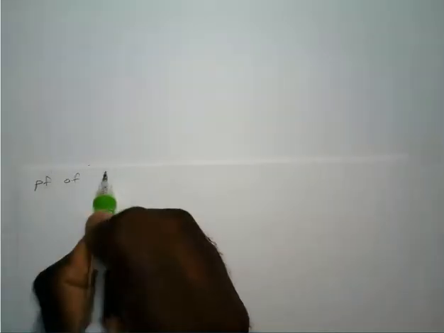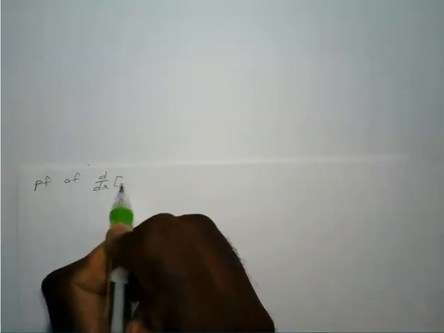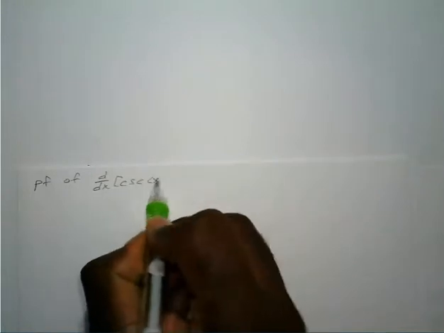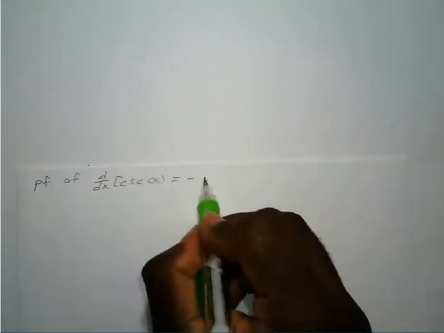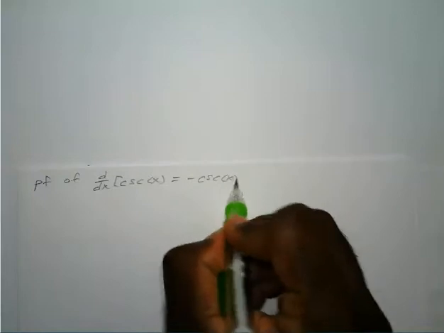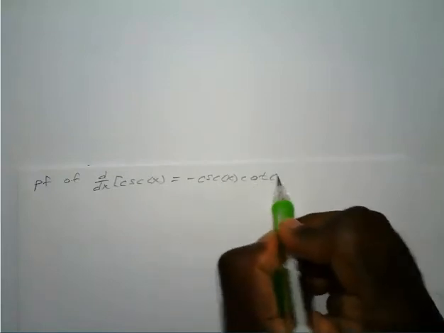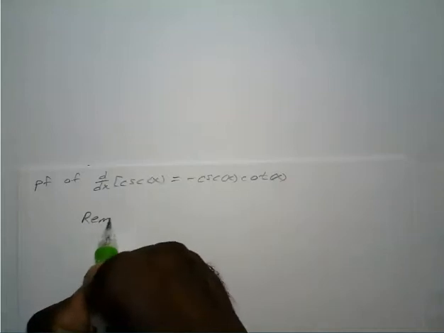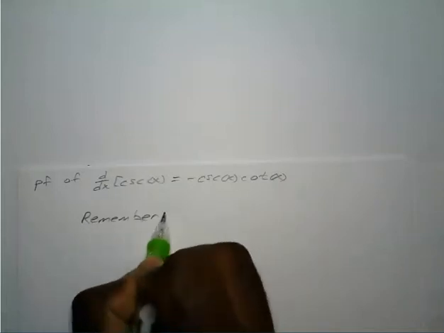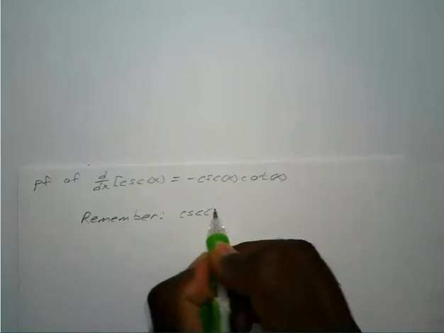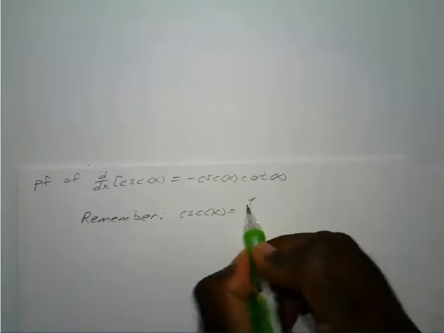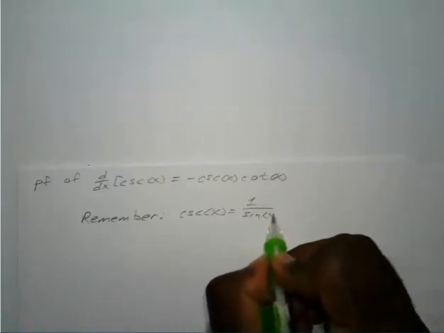Okay, so proof of the derivative of cosecant equals negative cosecant cotangent. Now in this case, you want to remember that cosecant is equal to 1 over sine of x.